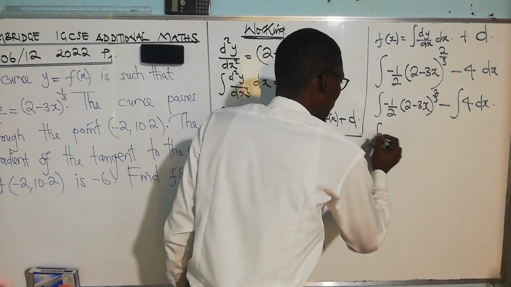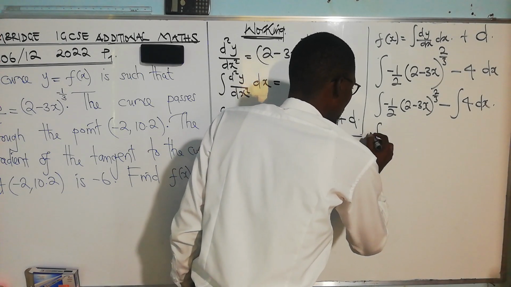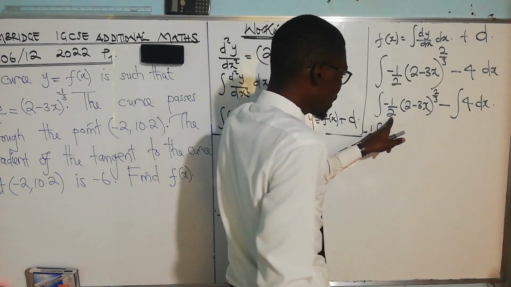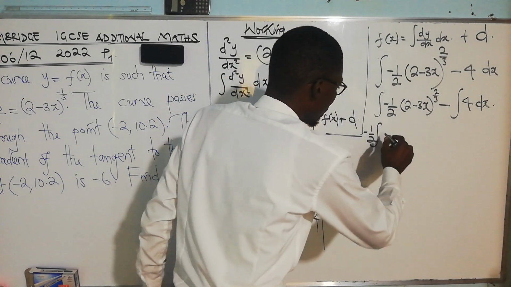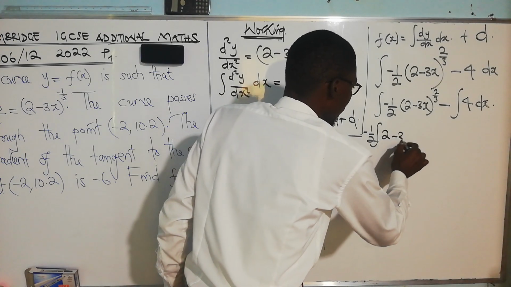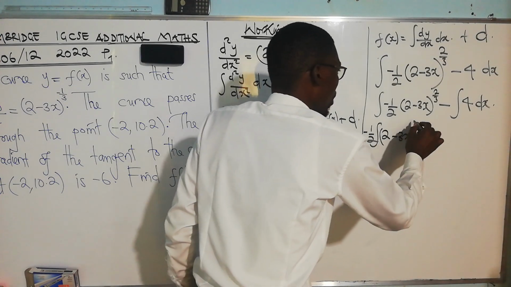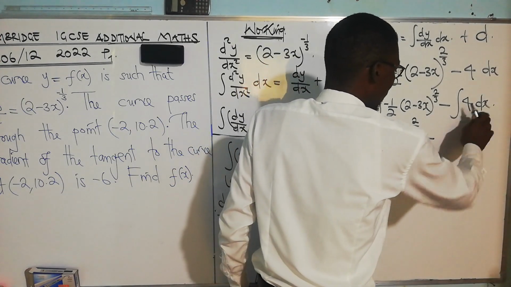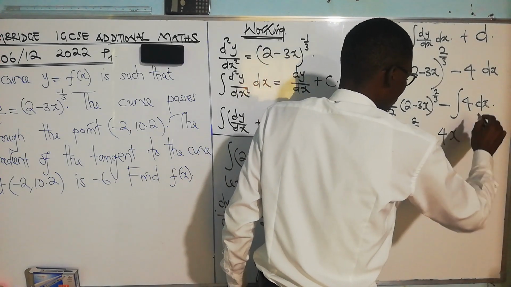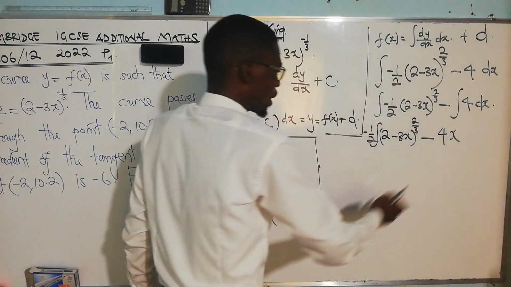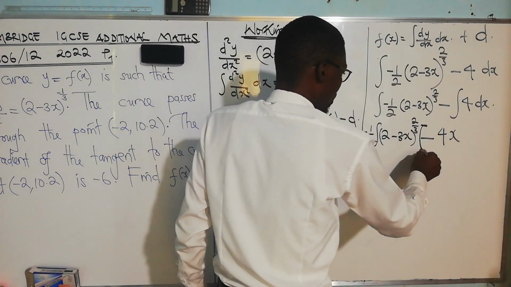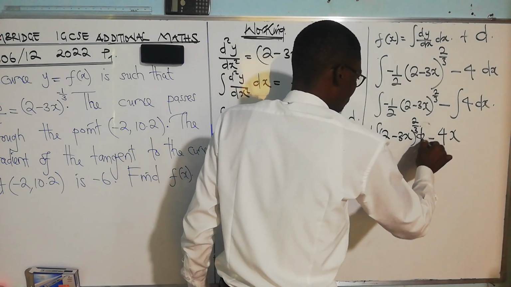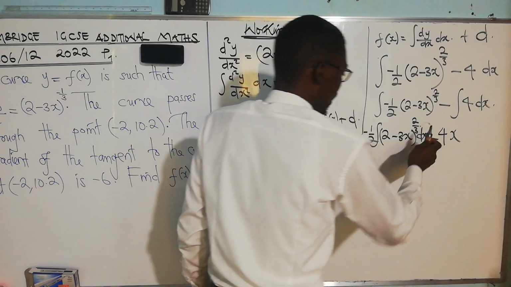So this will be the integral of negative 1/2. Negative 1/2 is a constant and it's being multiplied to this function, (2 minus 3x) to the power 2/3. Then minus, when you integrate 4, you just get 4x. So I've already integrated that. So now I want to integrate, so I'm supposed to put with respect to x here to know that the integration is ending here.